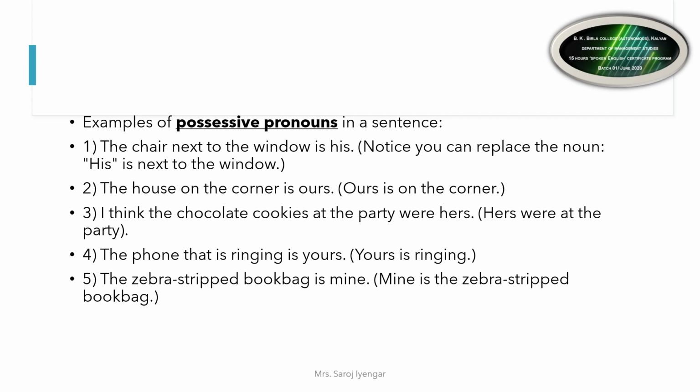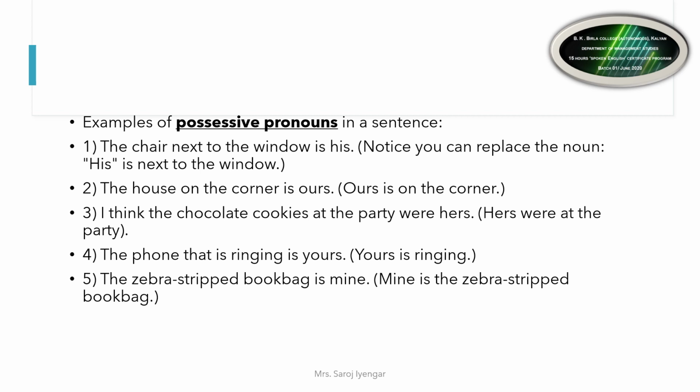I'm trying to show possessiveness, showing the possessive pronoun by not taking the name, right? I could have easily said the chair next to the window is of Sham or of Ram. Rather, what I've tried to tell you is the chair next to the window is his. So I have replaced that with the possessive pronoun his. Then, the chocolate cookies at the party were hers, right?